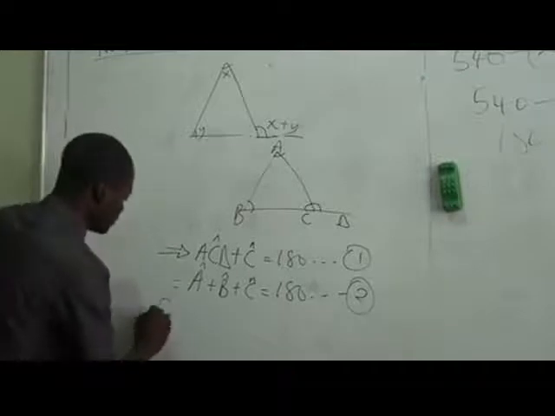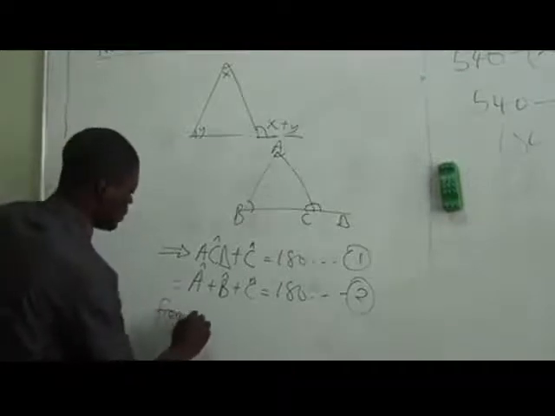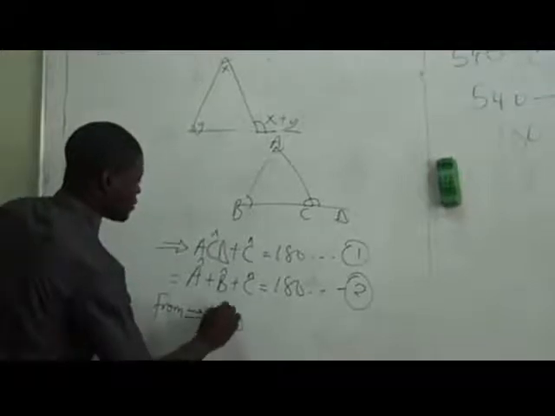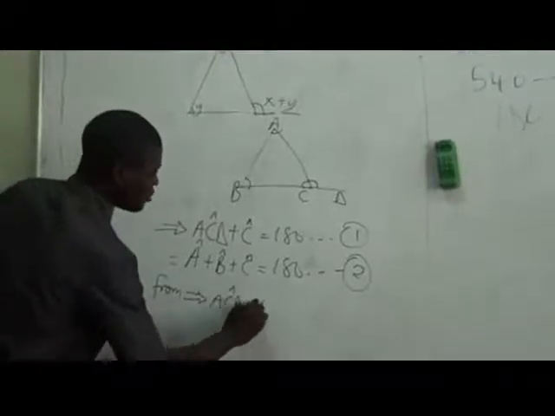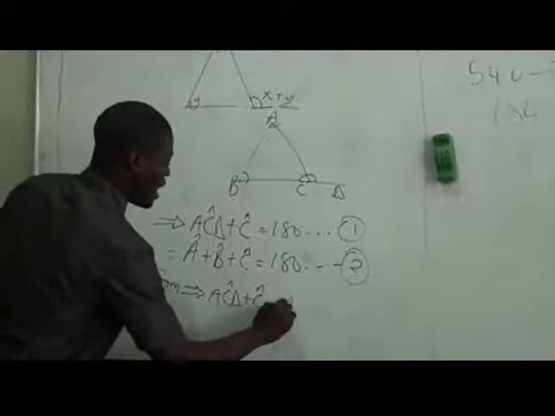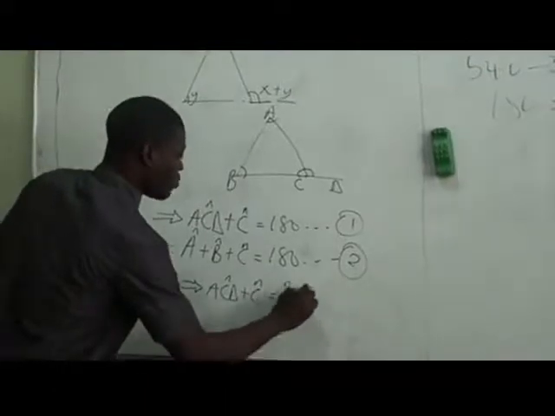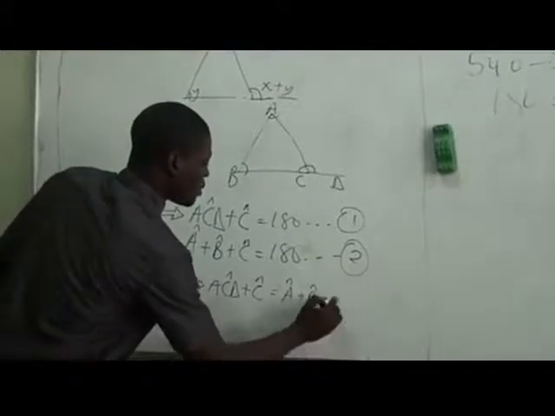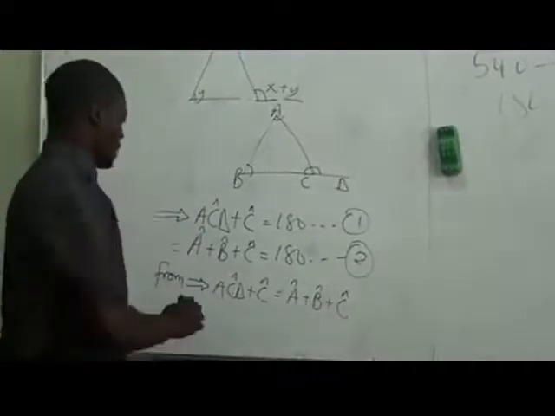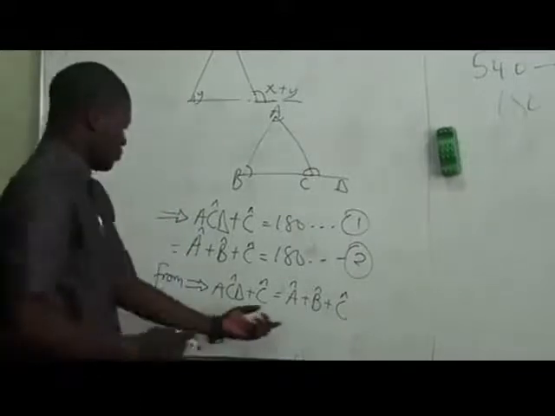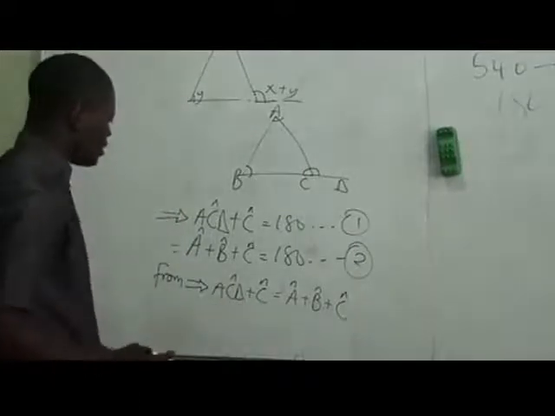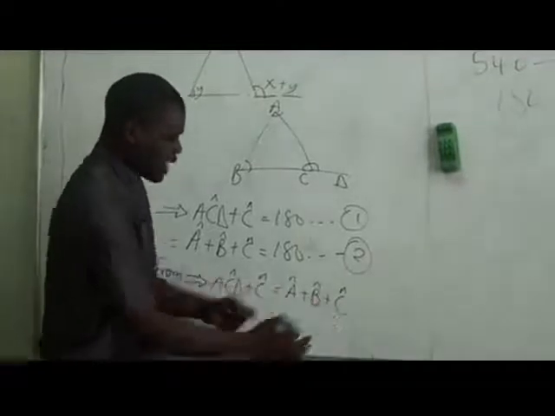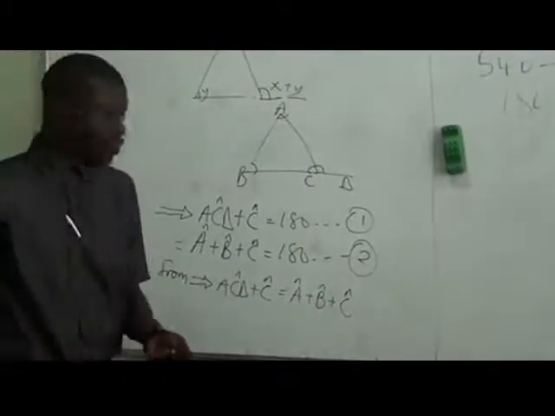Now from equation 1, this implies that angle ACD plus angle C is equal to angle A plus angle B plus angle C. If you watch, you will notice that we have angle C here and also angle C here, so they can cancel each other.